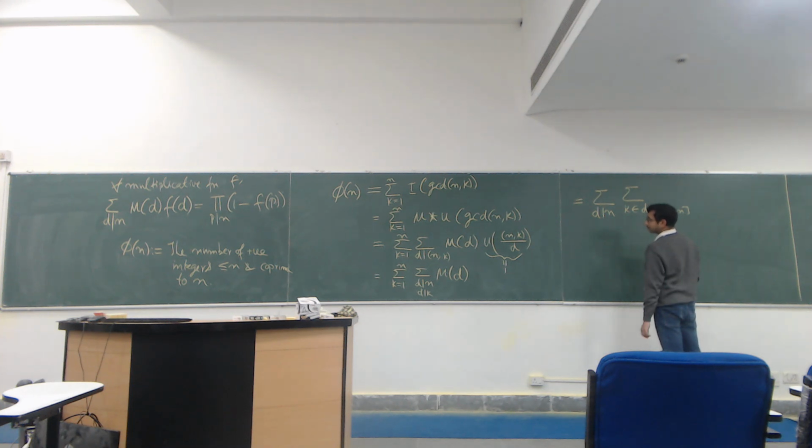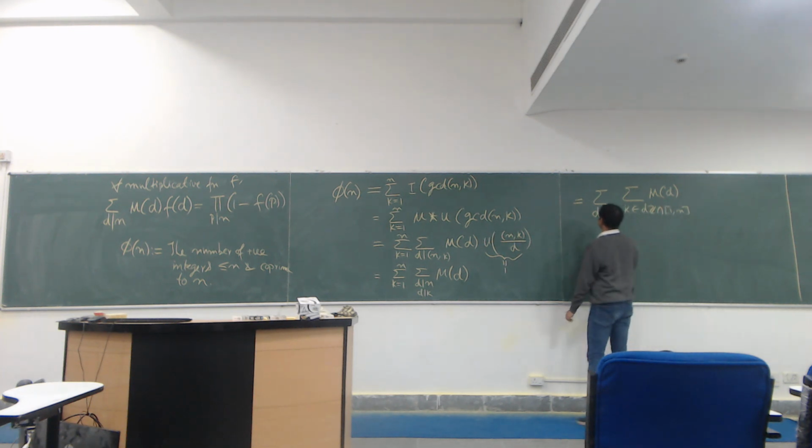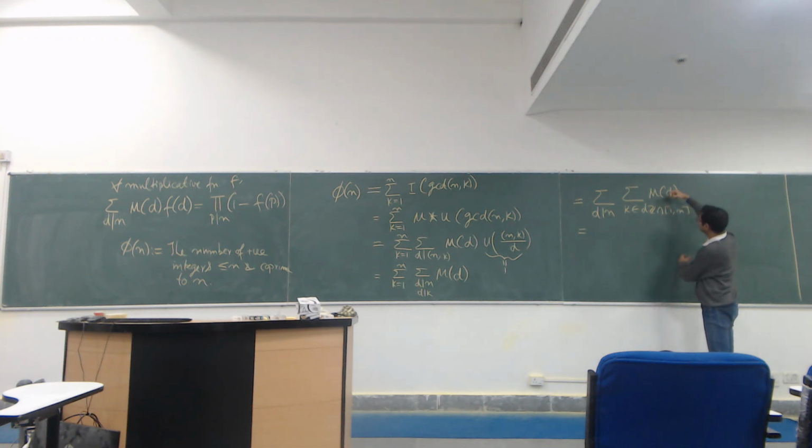That is the summation over d dividing n, summation over k in dZ intersection 1 to n, and what are you summing? You are summing over this mu(d). It's not depending on k, so you can take mu(d) out.